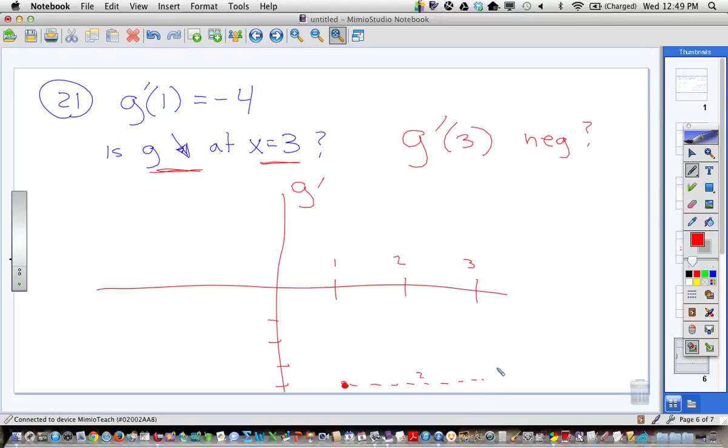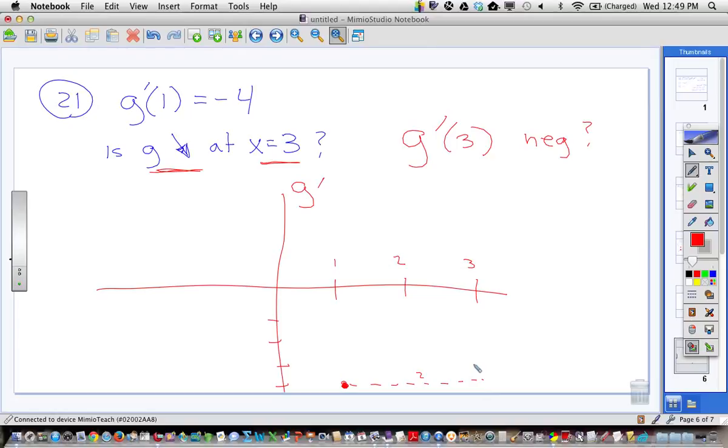Look at the g double prime graph. What do you see between 1 and 3? Yeah, but I'm not sure that matters. We're looking at its y values, aren't we? It only goes up to about 1/2, a little more.